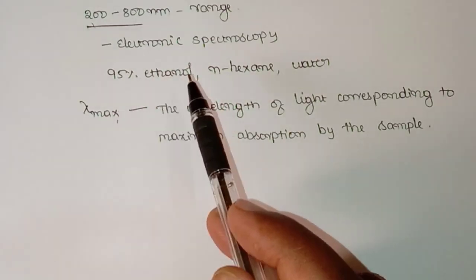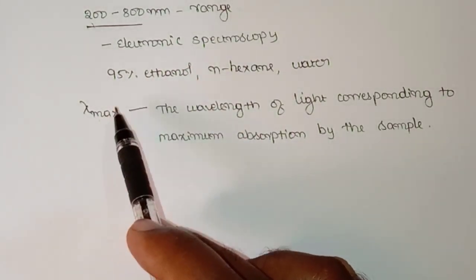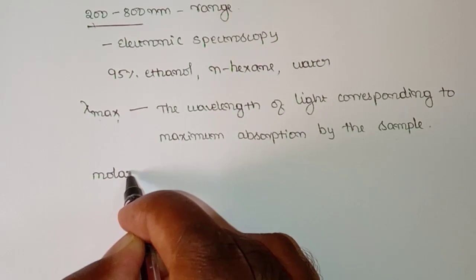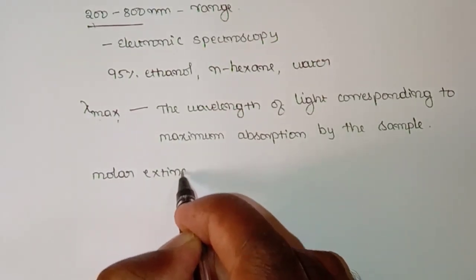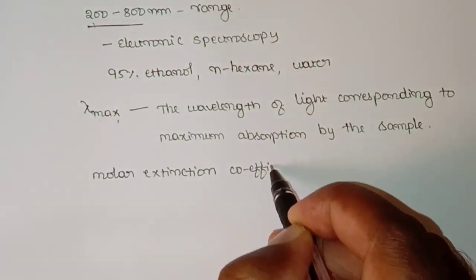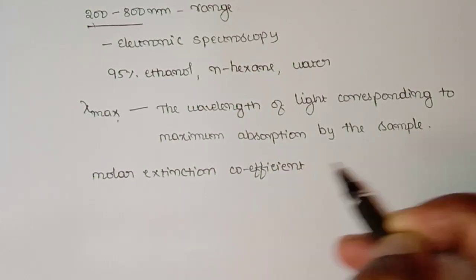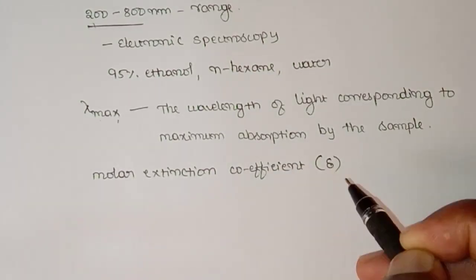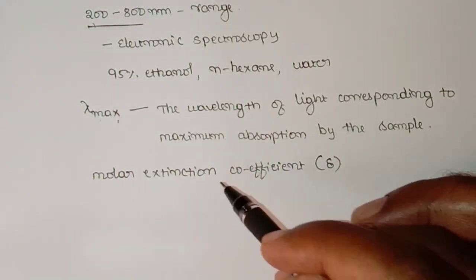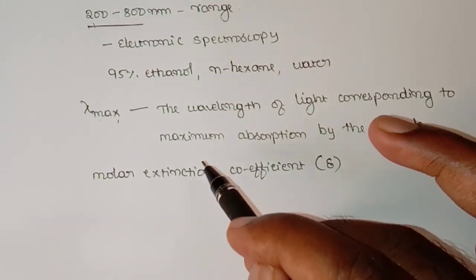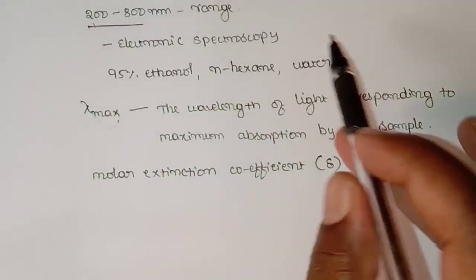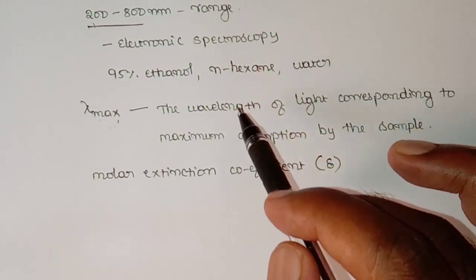The intensity of the absorption corresponding to this maximum absorption of light is called the molar extinction coefficient, represented with the symbol epsilon, which gives information about the intensity of the absorption at lambda max. That is some basic stuff pertaining to UV visible spectroscopy.